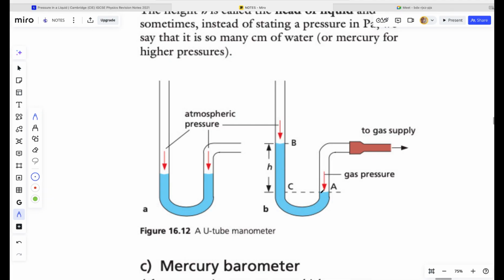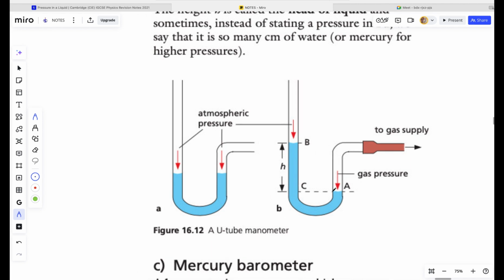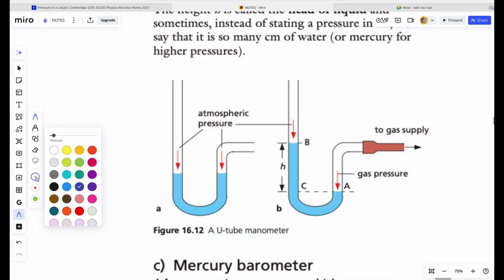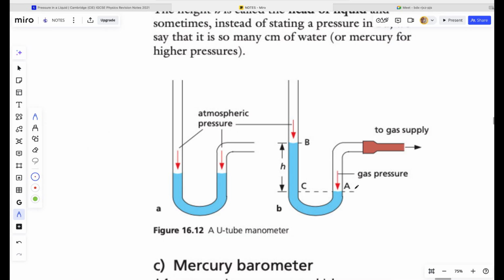Now, the difference between the levels. Let's take maybe a red or orange color, something more conspicuous. See the difference in this place, where the liquid reached, where it was pushed down. The gas will push the liquid.